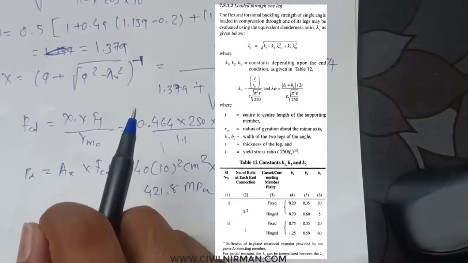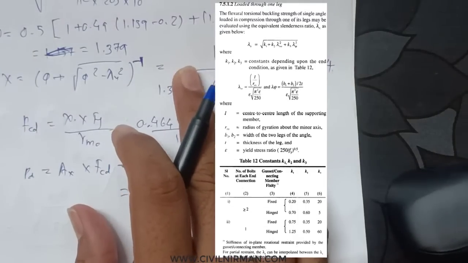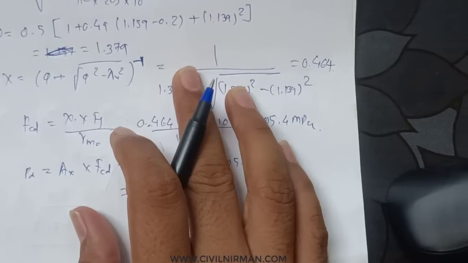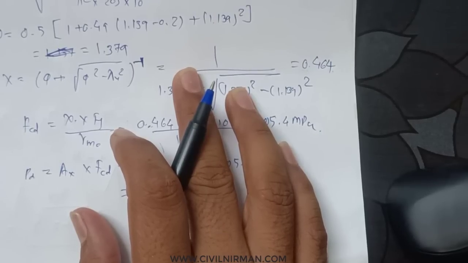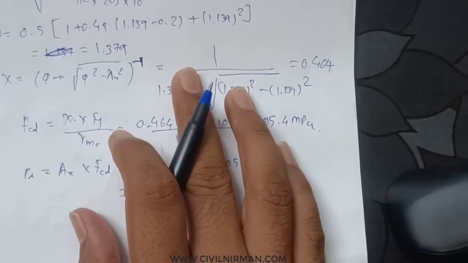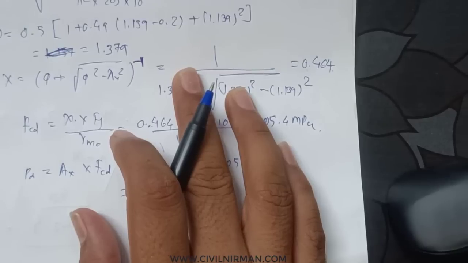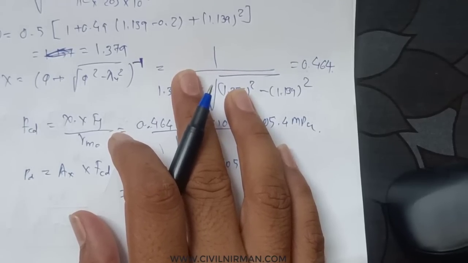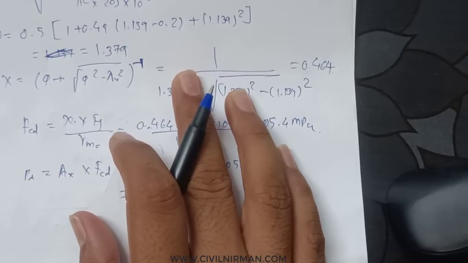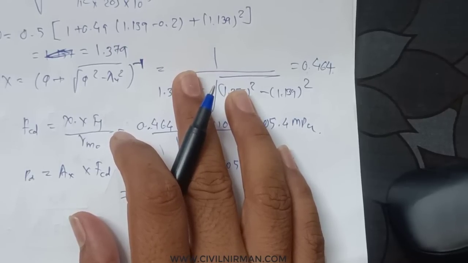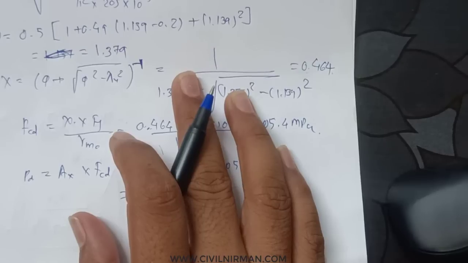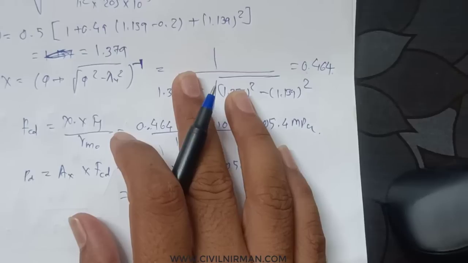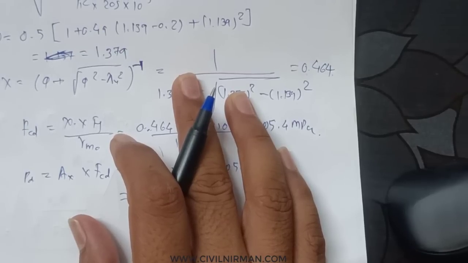So we are assuming, first thing, the angle loaded through one leg, and we will check that particular for the flexural torsional buckling, as it is loaded through one leg. And for the end connection, we are assuming a minimum of 2 bolts, or it's welded. So the end condition that we have assumed is unrestrained, or you can call it hinge, and therefore we have taken k as 1. Okay, so don't get confused with that.